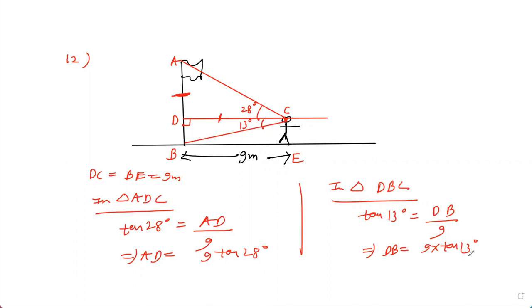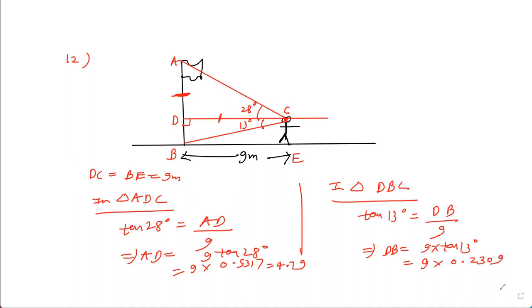Okay, so now if we see the table, then for the first one, that is tan 28 degree is 0.5317, and in that case this value, if we all multiply with 9, then this will become approximately 4.79, and here tan 13 degree is 0.2309. You all can check the table.